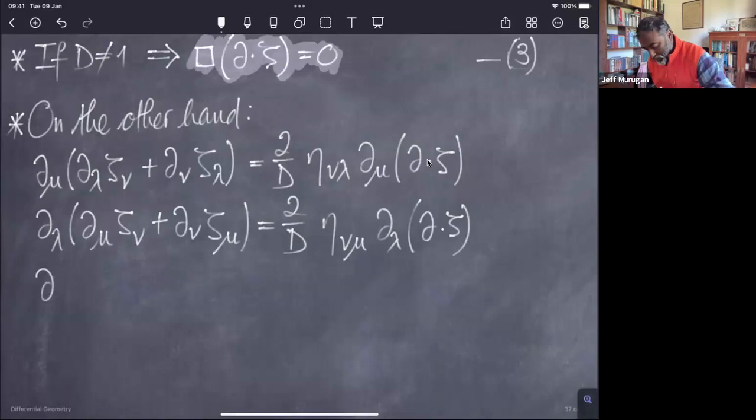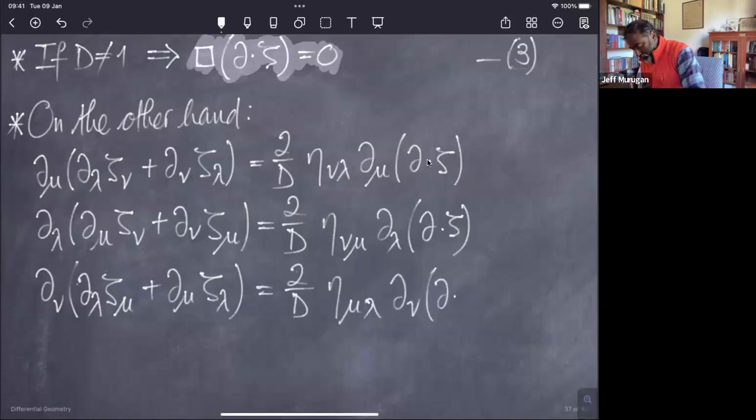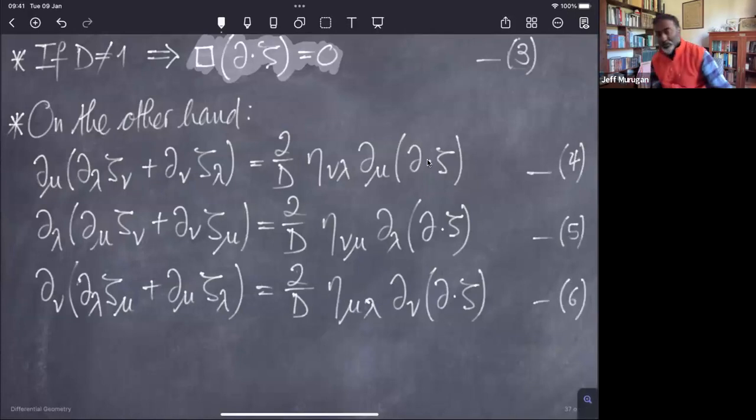And finally, d nu of d lambda zeta mu plus d mu zeta lambda is 2 over d eta mu lambda d nu of d dot zeta. So let's call these 4, 5, and 6.